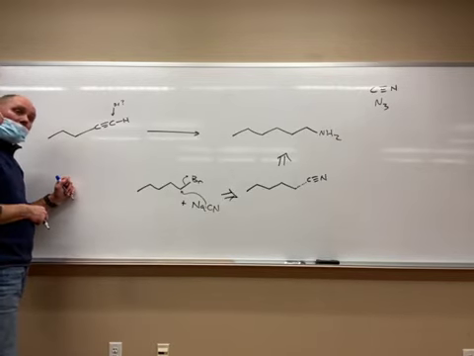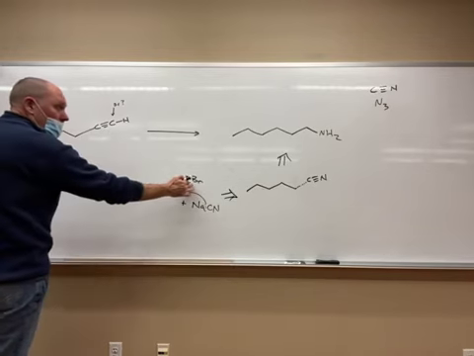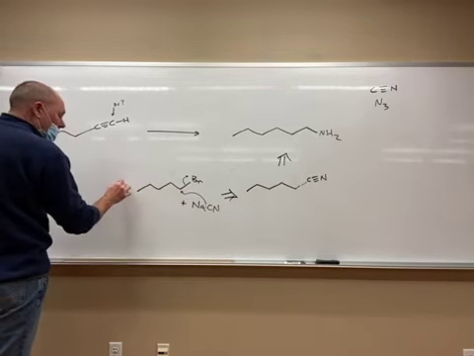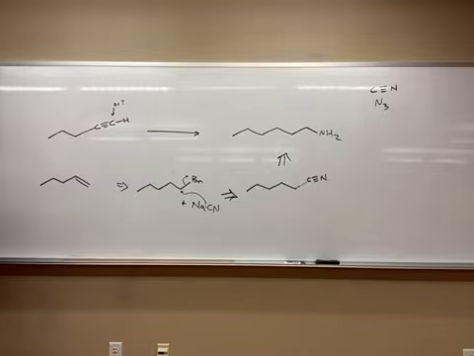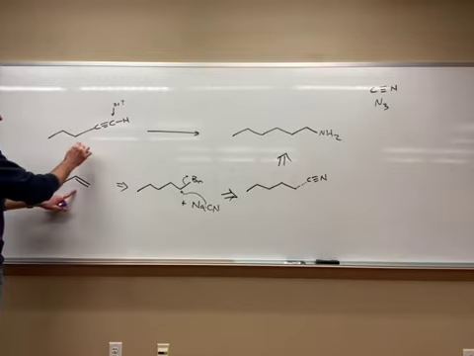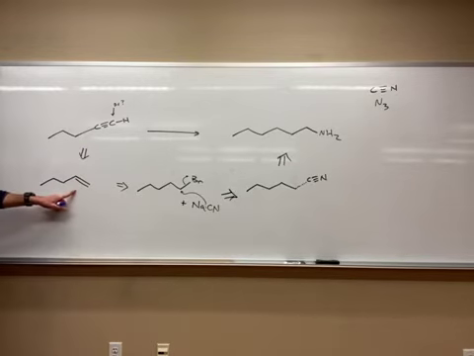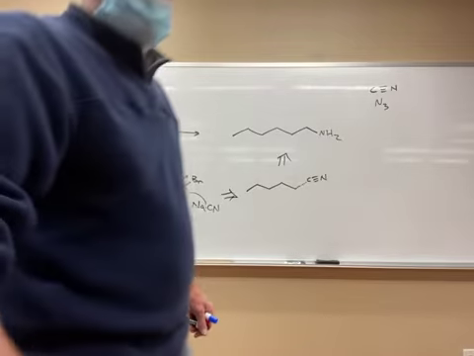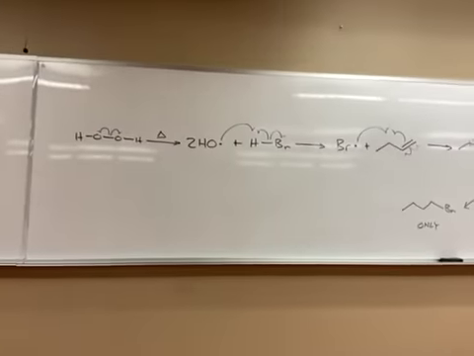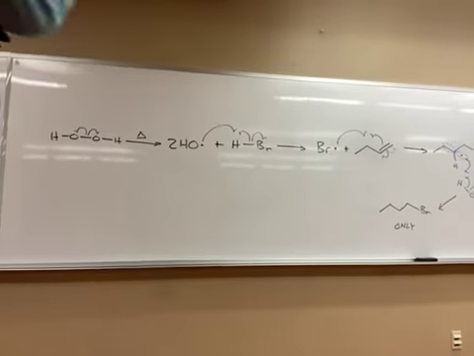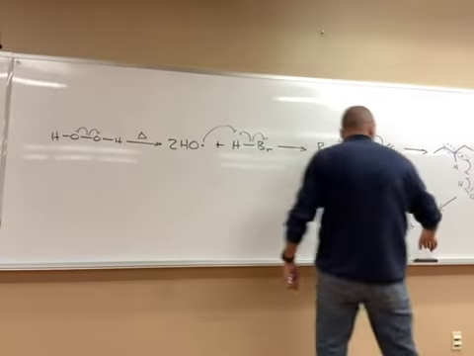Oh, I know bromines can add anti-Markovnikov to terminal alkenes. And I know alkenes can come from alkynes. Okay? So, building it forward, what would this look like?